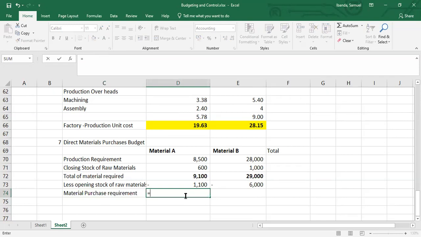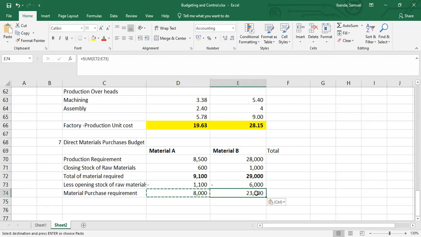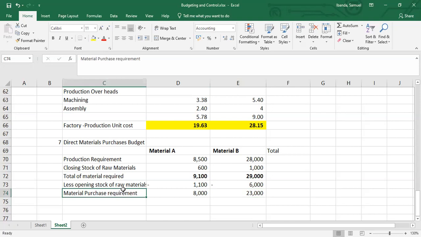Since I've already put a negative there, I'll just sum the negative and positive. That gives me 8,000 here, and this will give me 23,000. Remember, these are still in kgs.